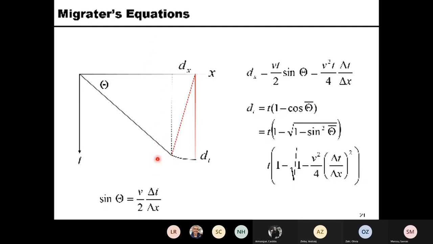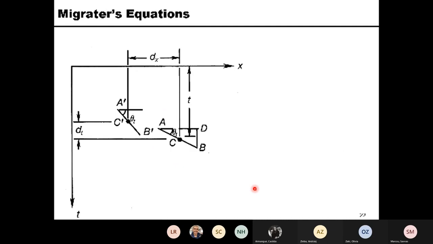T is this one, so you just subtract. Right, these are the two formulas, okay? We do not repeat this equation here, but we can use the equation to get some straightforward idea of what the migration looks like. Let's see.